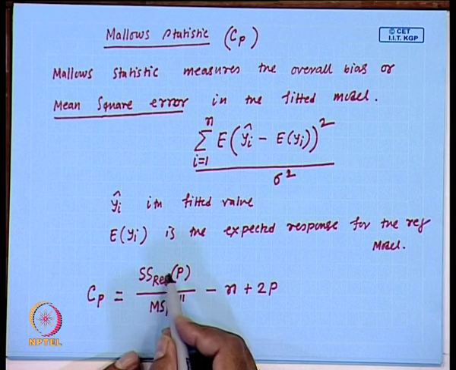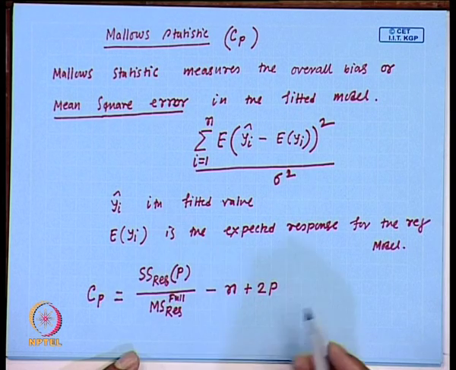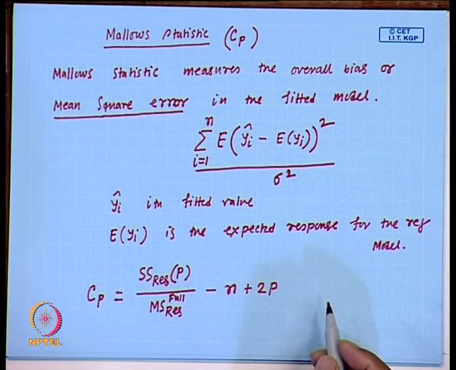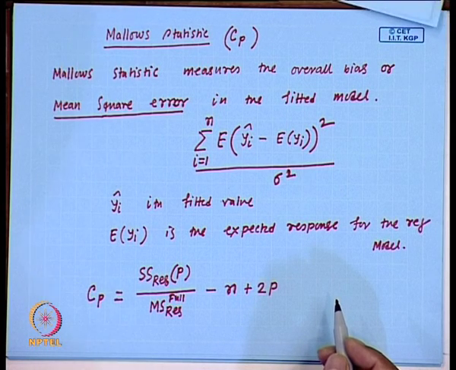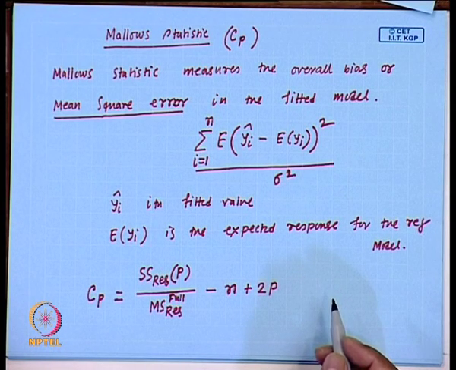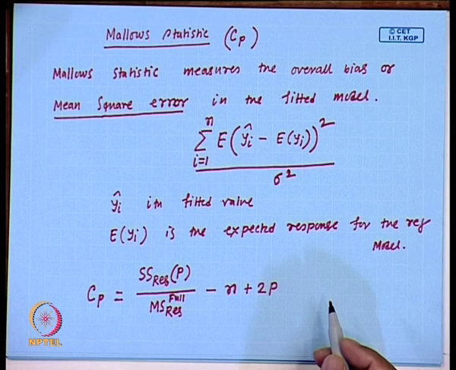So, we know about this notation. Now, we need to observe something here: what is the value of Cp for the full model.